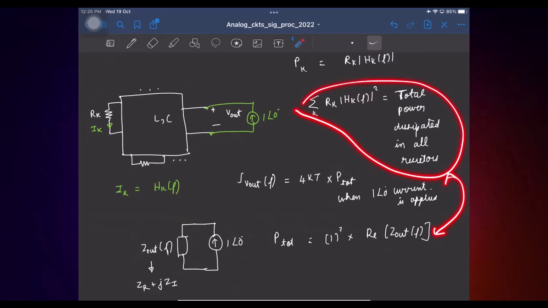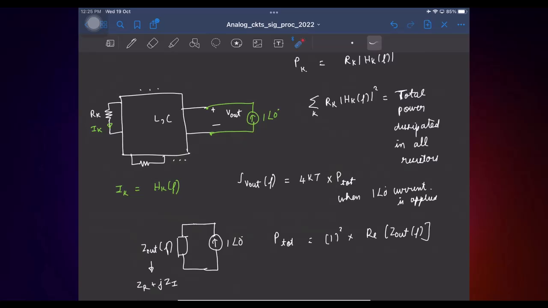What can you say about these two? They are the same, right? Everyone convinced? This is the total power dissipated in the impedance, and this impedance itself contains only resistors, so the power dissipated will be only across all the resistors, and that we have already computed to be this.